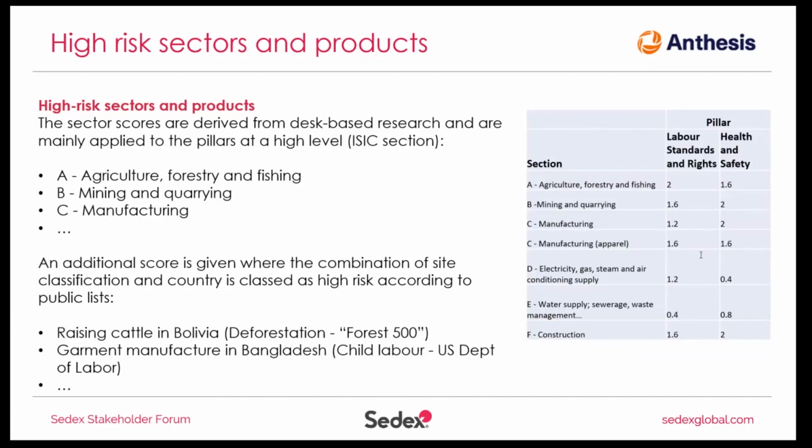Now, as Sana said, we've drawn on the best available indicators that we can. There was one important area, forced labour, where the publicly available indicators weren't really up to scratch. So Sedex commissioned Ergon to produce the forced labour index, which combines country and sector risk. And I'll pass over to Stuart.